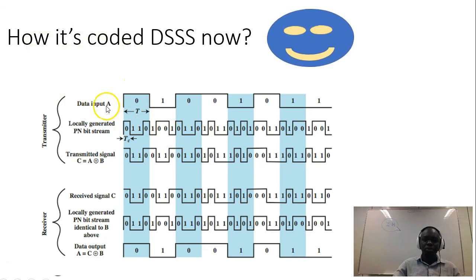So you take the input, which is the original signal, and it is modulated. Then you add using the exclusive OR, and you get the transmitted signal, which has a chip rate higher than the data rate.